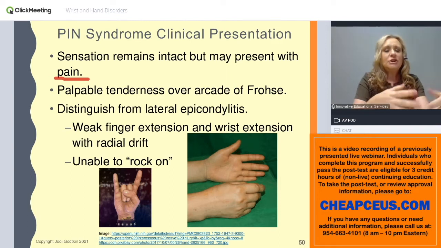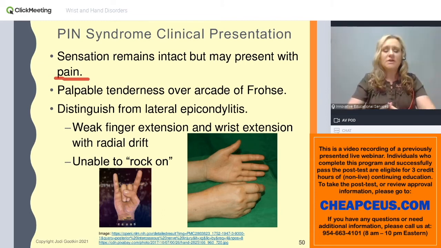And you can imagine a nerve compression versus a lateral epicondylitis are going to have two very different paths in terms of management. So it's important that if you're treating your patient for lateral epicondylitis and they're not progressing as you thought, to take a closer look to see if it's posterior interosseous nerve syndrome.